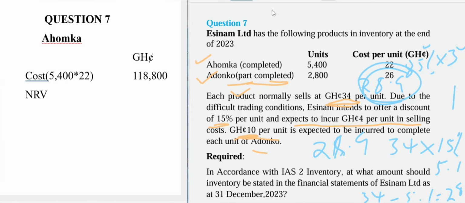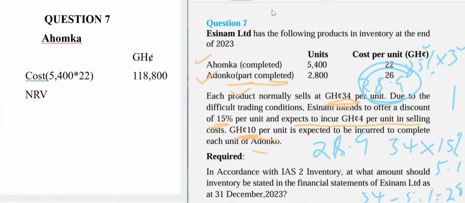Deduct 15 from 100 and you get 85%, that's 0.85, times your selling price of 34. So 0.85 times 34 gives you the 28.9 straightforward. So 28.9 is what I'm going to use to do the computation, not the 34. So watch out, I'm going to use 28.9 throughout.